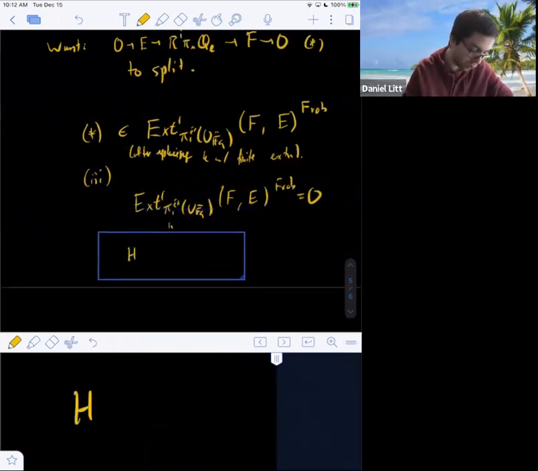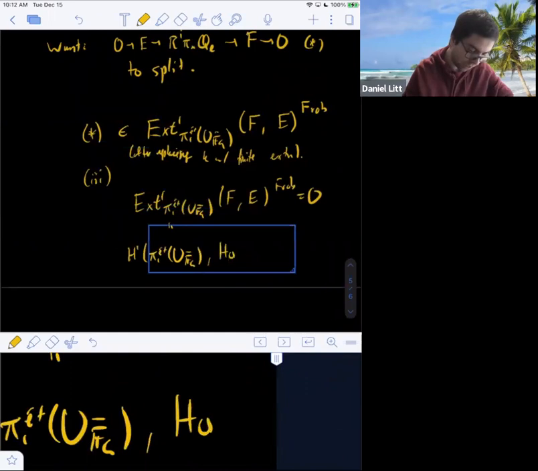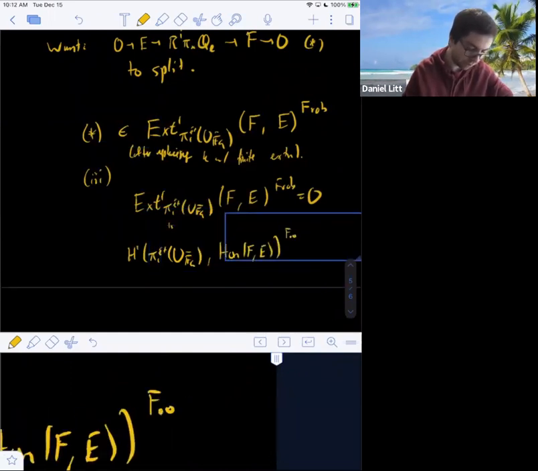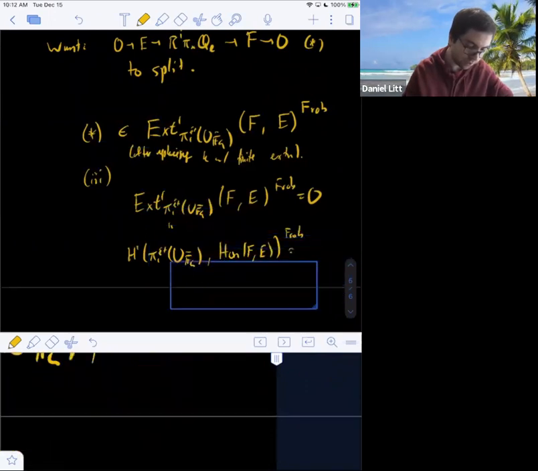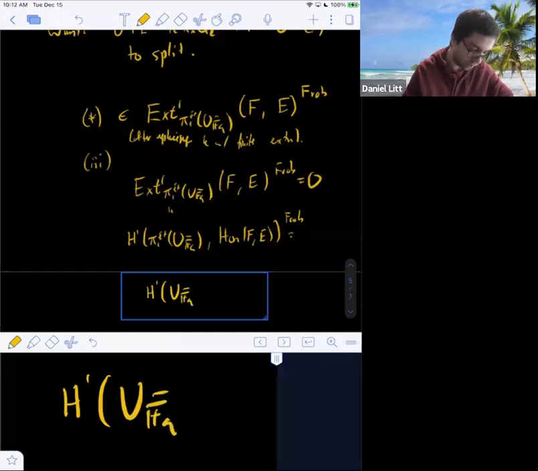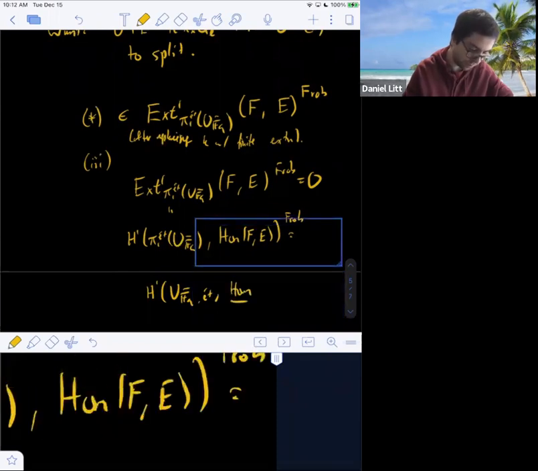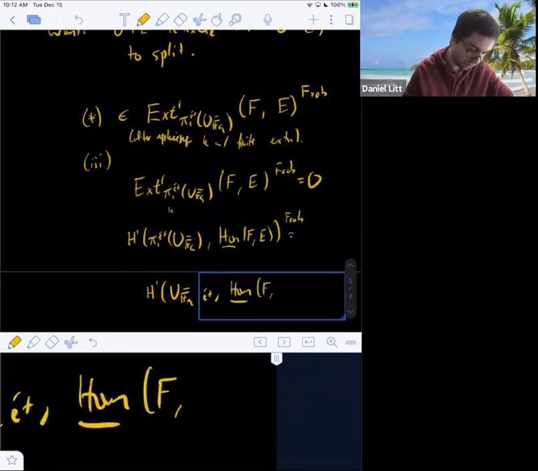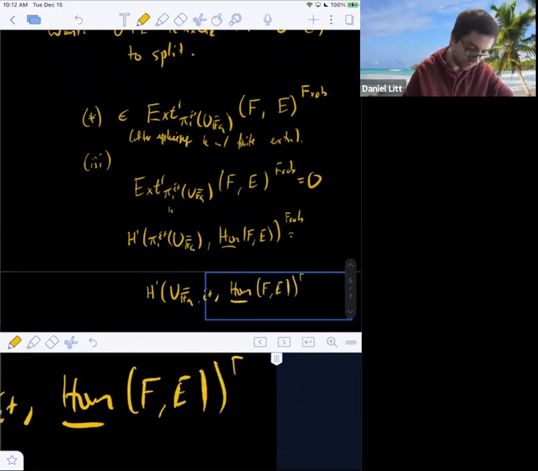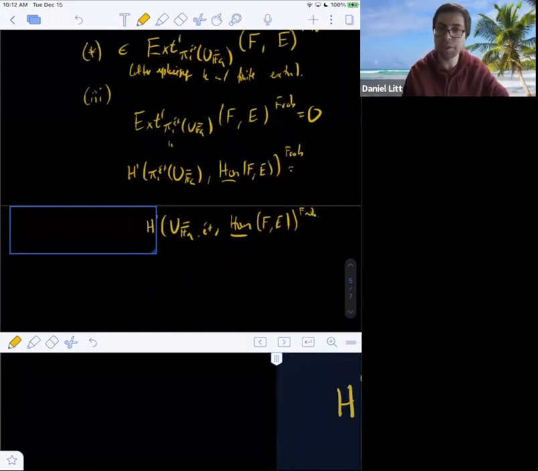This is the same as H1 pi 1 étale U F_q bar with coefficients in Hom FE and then Frobenius fixed. Well, this is the same as H1 of U F_q bar étale with coefficients in Hom. Maybe let me make it clear these are inner Homs, FE, Frobenius fixed. All right, does anyone see how to finish the proof from here?